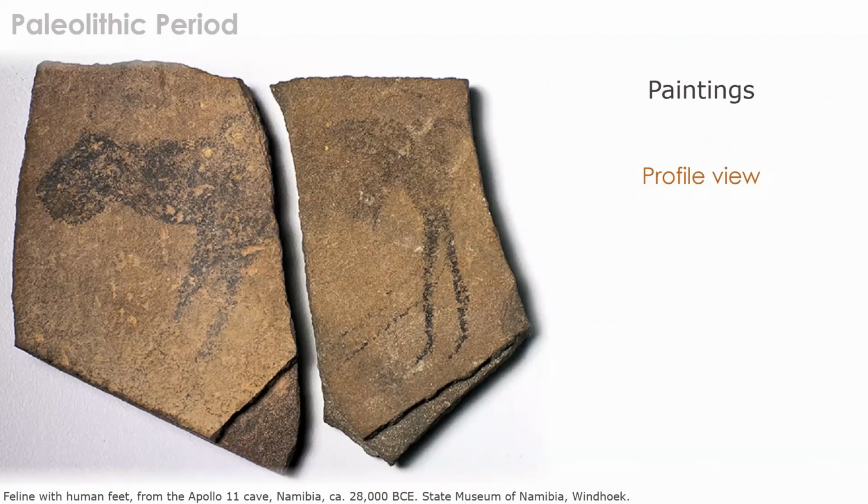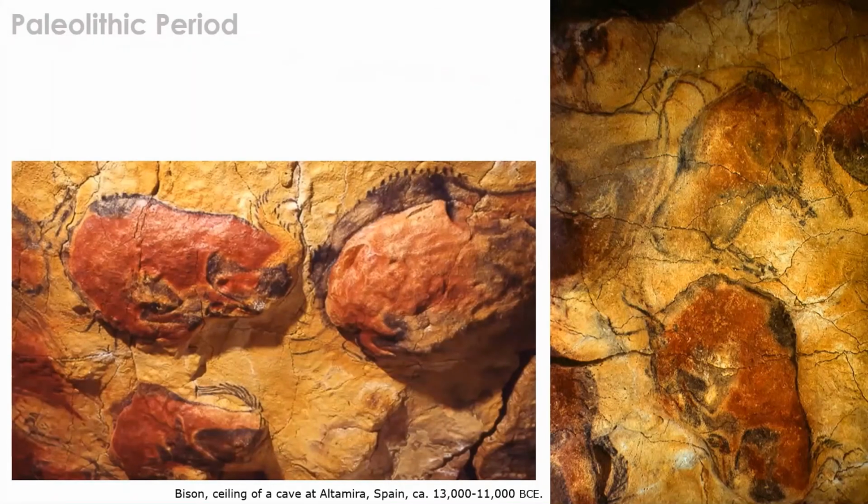The majority of Paleolithic paintings depict animals. Almost always, animals were depicted in the same manner, the profile view. It is because the profile view is the most informative perspective of the animal's shape. It continued for quite a long time. Paleolithic painters used torches to paint in the dark caves.